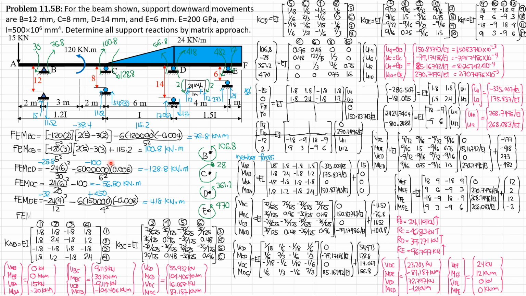Then finally, fixed moment ED is positive 32 because we have symmetrical loading for DE. So the fixed moment due to the load at the right is positive, then plus 450, so 482, and it is also clockwise as shown.